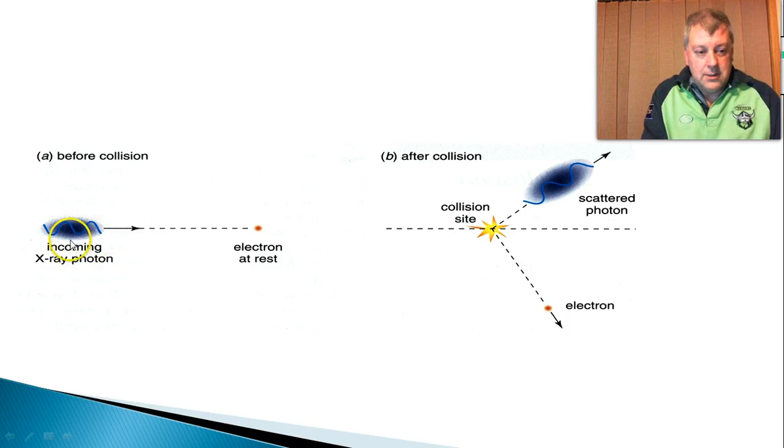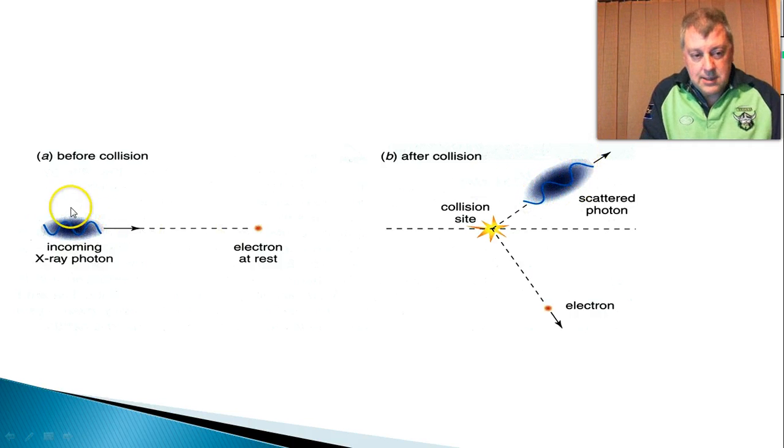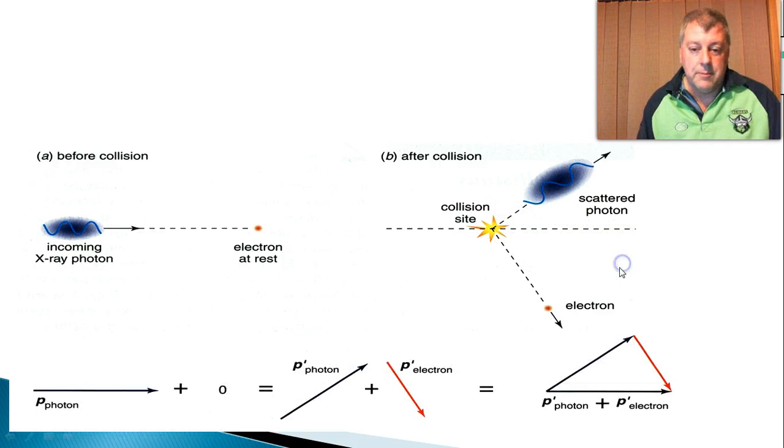And so this is another one in color. So we have the X-ray photon, and the electron effectively at rest. Collision, you get a scattered photon. Now the energy of this is less than the energy of this, and the electron is given off in a certain direction. And so he could measure these angles accurately.